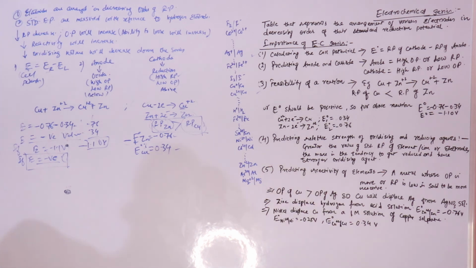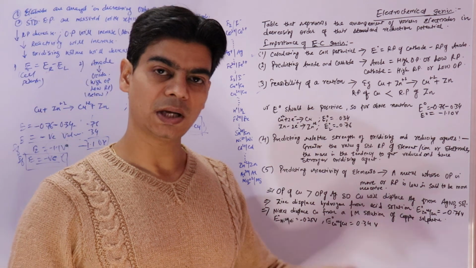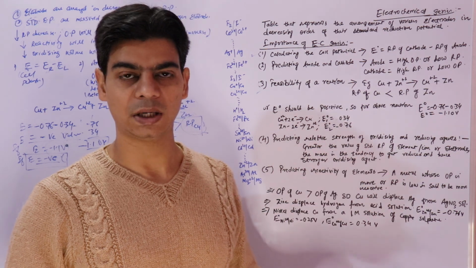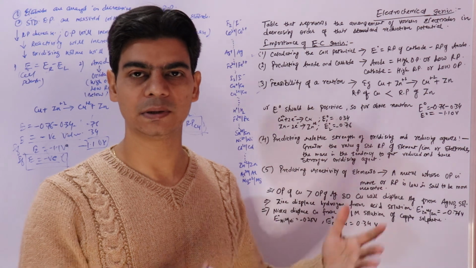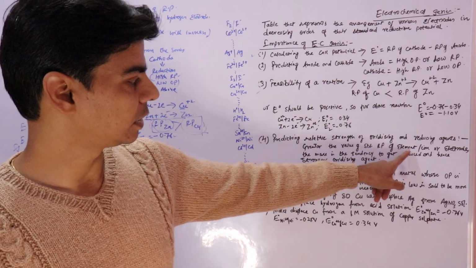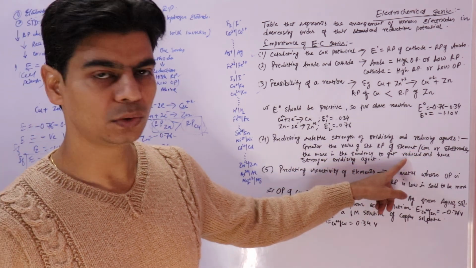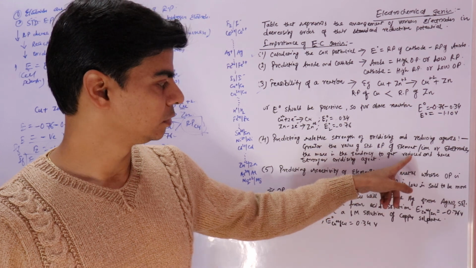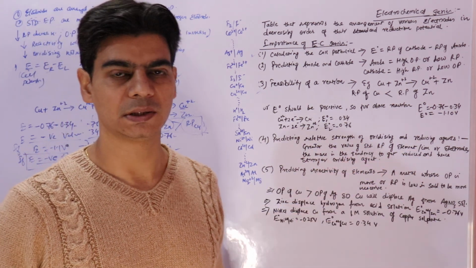So the greater the value of standard reduction potential, the more is the tendency to get reduced. To get reduced means to accept electrons, and hence it is a stronger oxidizing agent.